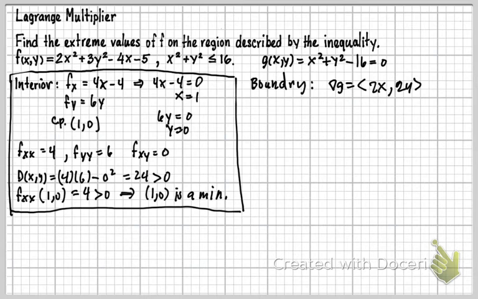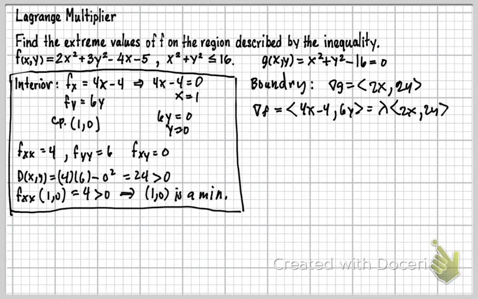So I have my gradient of f already. I'm just going to use the work I had from the previous, when I did the interior. So my gradient of f is going to be 4x minus 4 comma 6y. And that's going to equal lambda times 2x comma 2y.